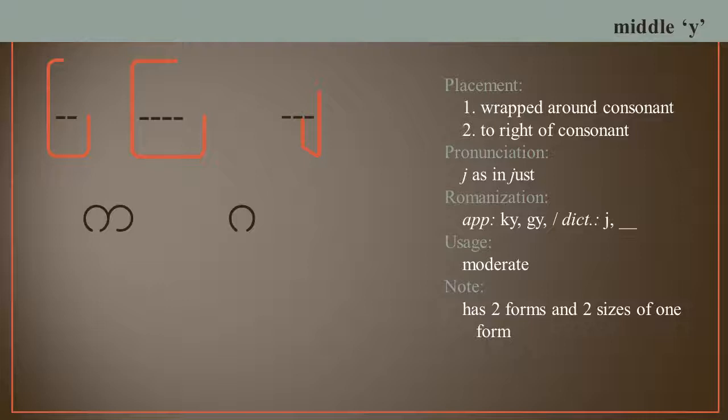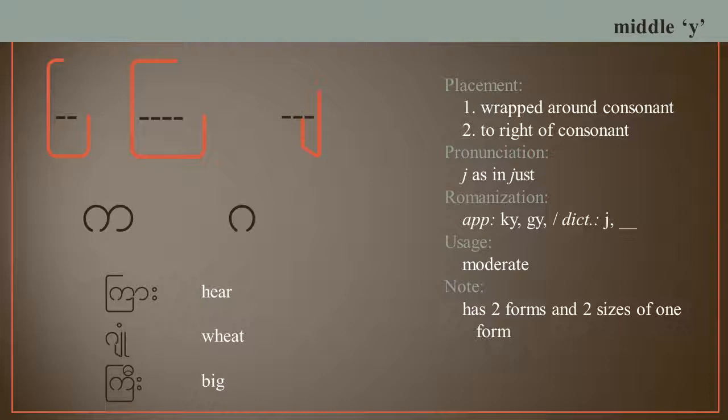But I'm going to be honest with you, it's very difficult for me to hear the difference in those two sounds, and I just pronounce these using the J sound, and I'm understood. So don't fret. I think it's a little confusing, those two different forms. It merely makes a J sound. Its usage is moderate, and again, as before, it has two different forms and two sizes of that first form.